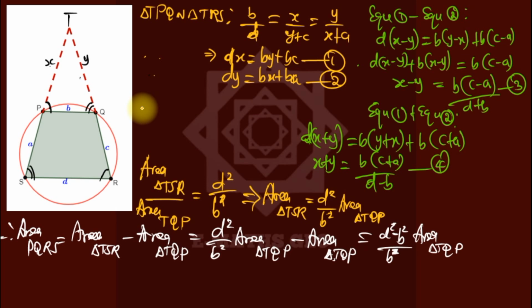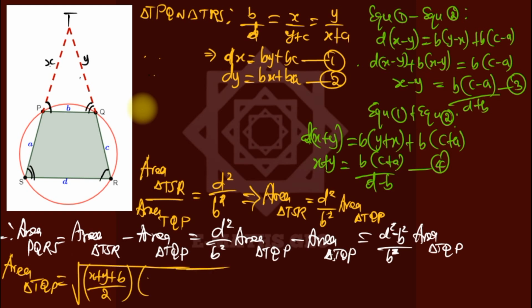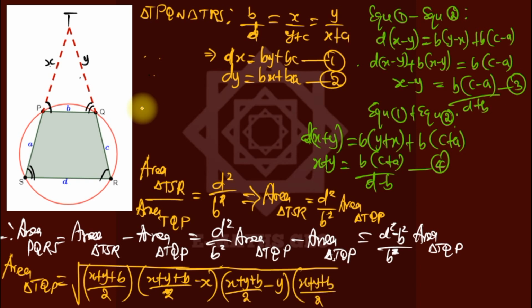So using Heron's formula, the area of triangle TQP is the square root of the semi-perimeter, which is x plus y plus b over 2, times the semi-perimeter minus each of the sides: x plus y plus b over 2 minus x, times x plus y plus b over 2 minus y, times x plus y plus b over 2 minus b.